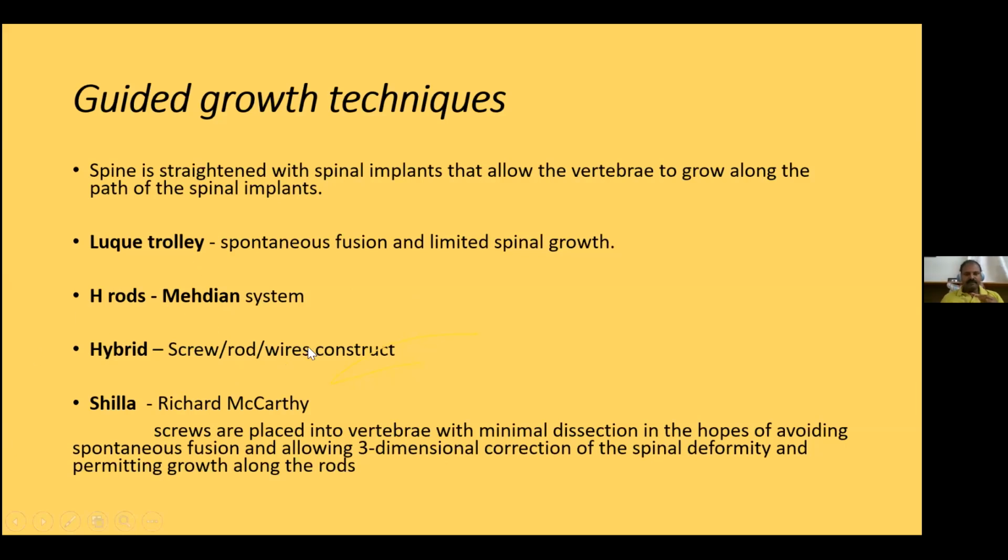And there's another new system, the Shilla technique, again using pedicle screws and rods, which was introduced by Richard McCarthy. So these are the systems used in guided growth techniques. We'll see them one by one.